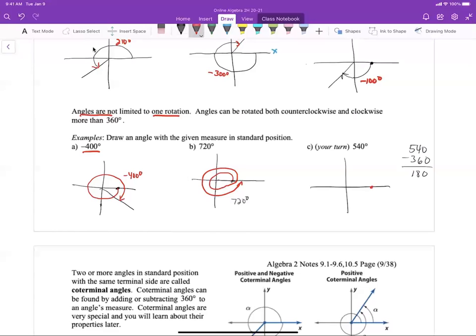So it's positive. I'm going to start counterclockwise. I make one full rotation. I've gone 360. I've gone another 90, so that's 450. I need to go another 90, which would get me to 540, and I will end up right there. And that is a positive 540 degrees.